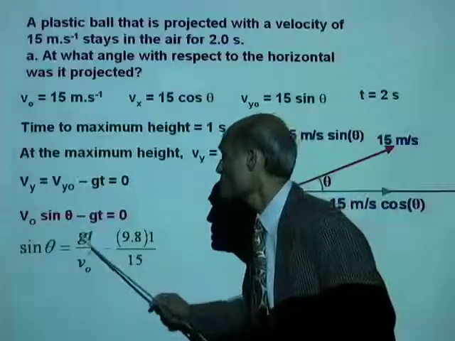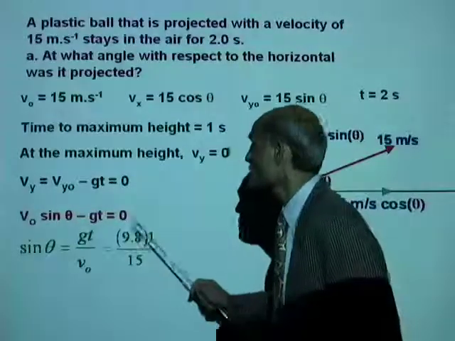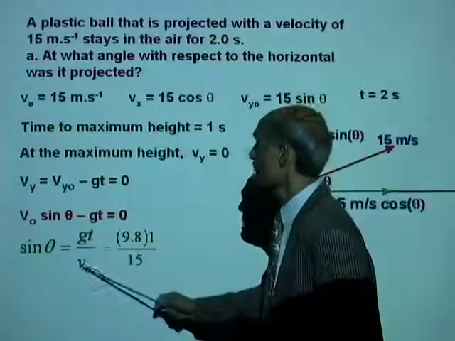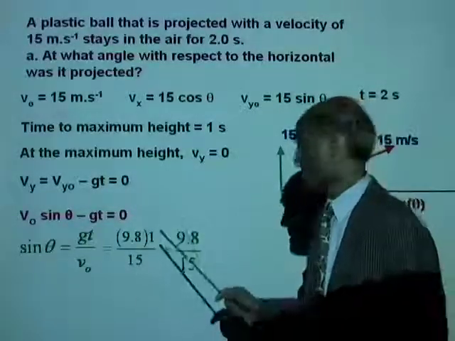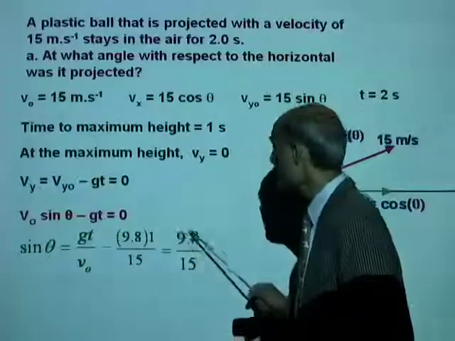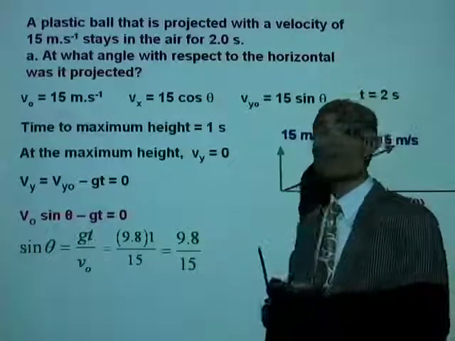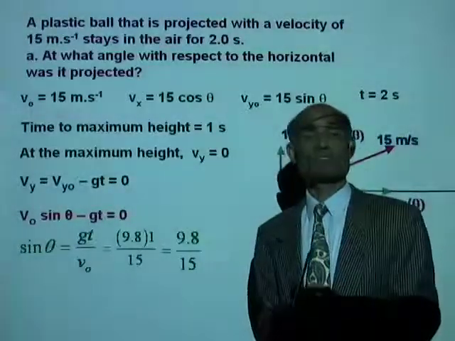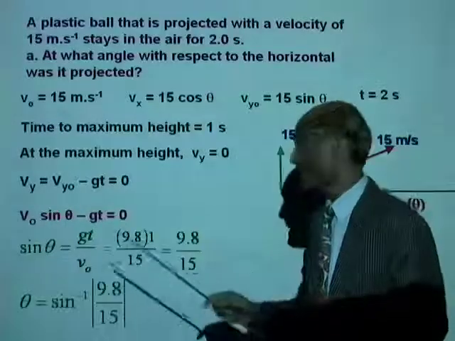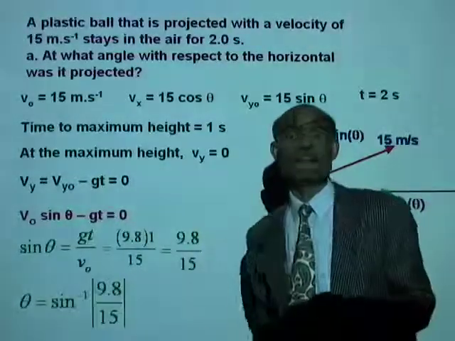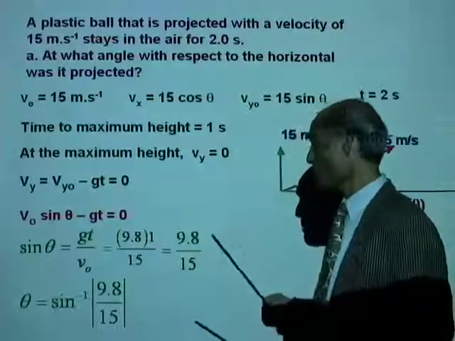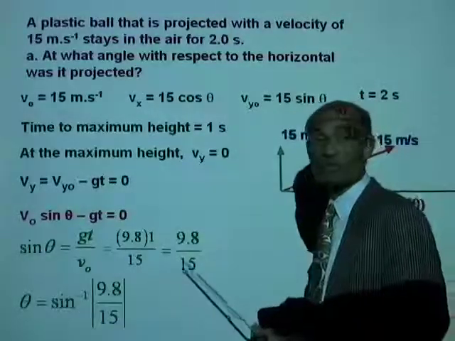You see, gt over V0, g is 9.8, t is 1 second, V0 is 15 meter per second. Therefore, sine theta equal to 9.8 over 15. Therefore, theta equal to sine inverse of 9.8 over 15.